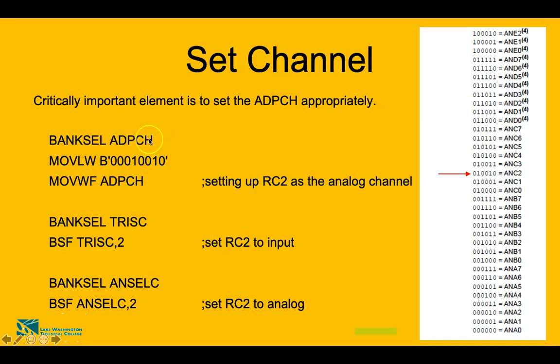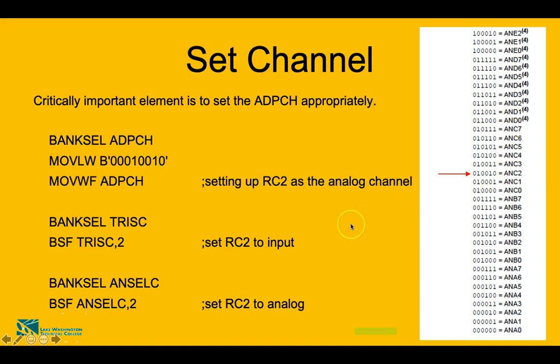What are the different bits it has, and these are the different bit patterns. And as I said earlier, starting from here, ANA from 0 to 7 is for port A. ANB is from 0 to 7 for port B, 8-bit, and then ANC, C stands for your port C, from 0 to 7.